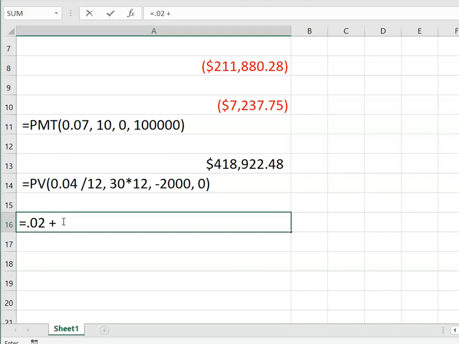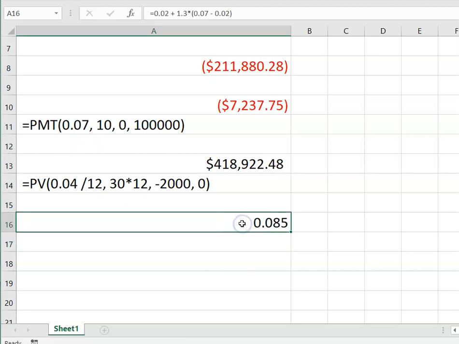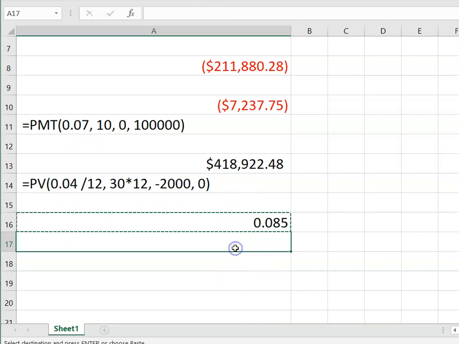Let's suppose we've got something that's fairly risky, so it's a beta of 1.3 times, let's suppose we expect the market to be returning 7%. Remember, always decimals. And the risk-free rate of return we said was 0.02. So we can get an expected rate of return or required rate of return of 8.5%.